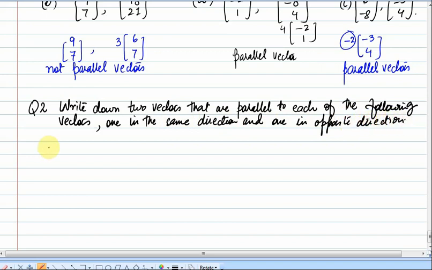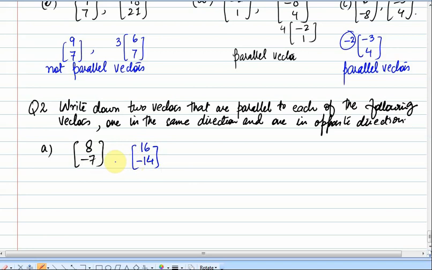Now the first part is 8 and minus 7, right? If I need to write down the vector that is parallel to it, I can say 16 and minus 14. That is a vector that is parallel to 8 and minus 7, and it will be in the same direction because the signs are the same. The first one is positive and the next one is negative.